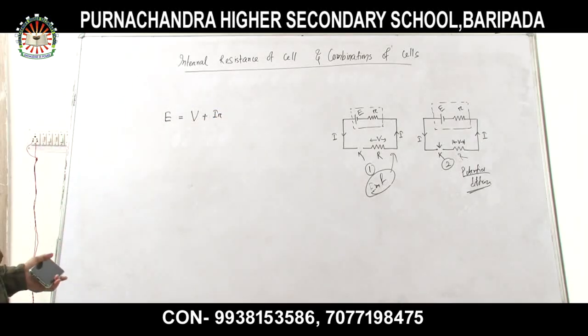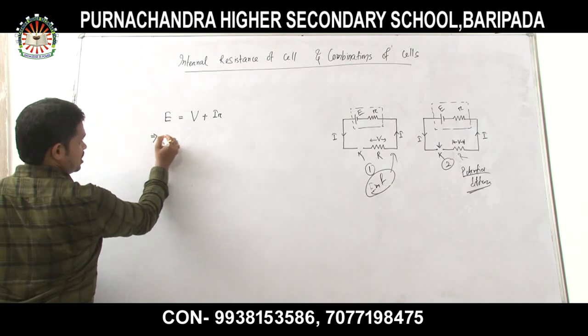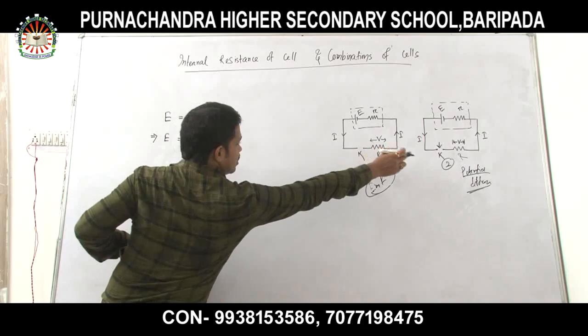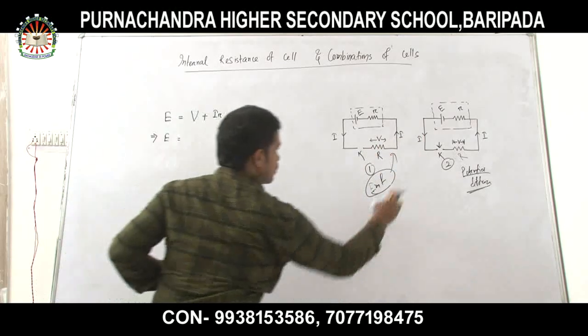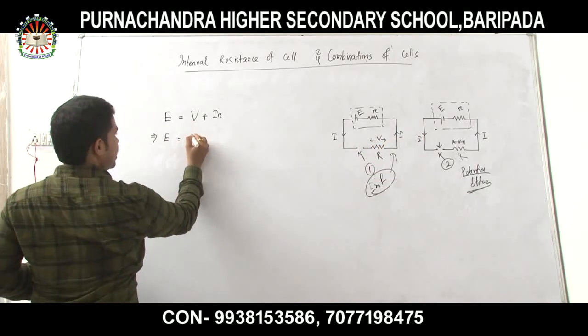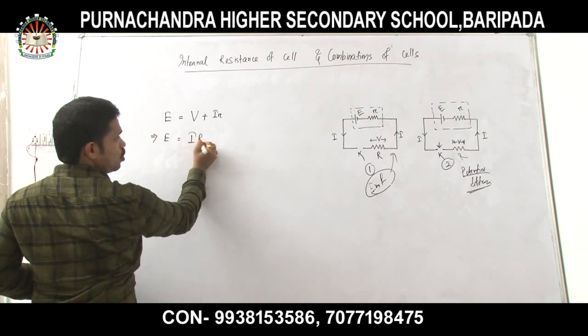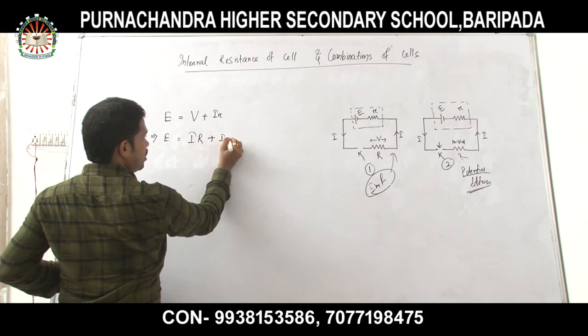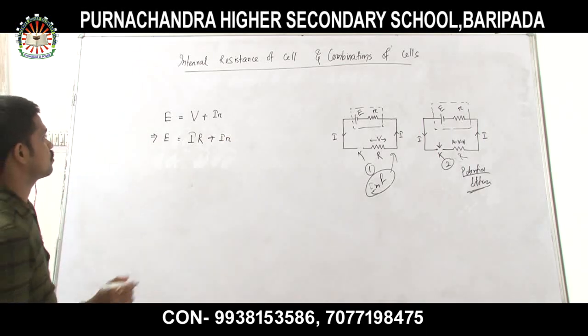Very simple. Okay, so that implies E is equal to, so in place of V, what I can write? The I into R across this plus I into small r. Clear?